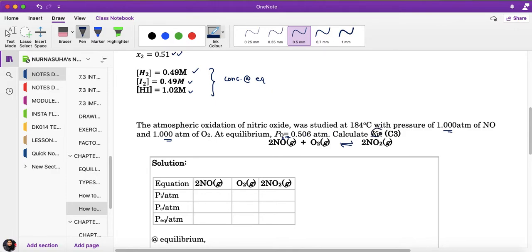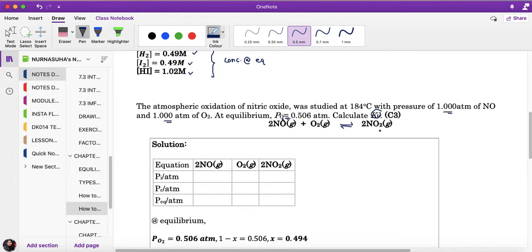Calculate Kp. So untuk kes ni dia bagi awak nilai, I need to highlight the value. Pressure of 1 atm of NO, 1 atm of O2 at equilibrium. Ini adalah pressure untuk oksigen. Calculate Kp.